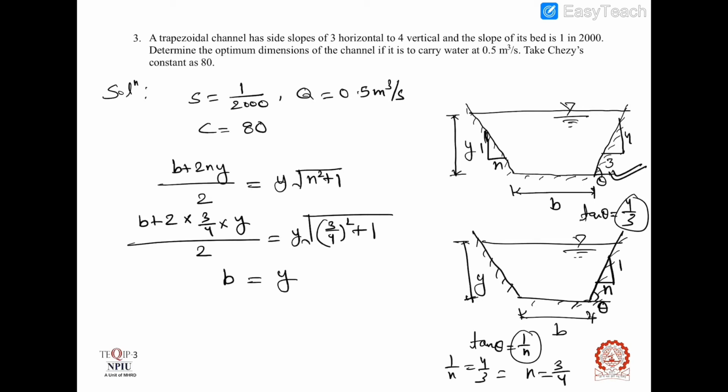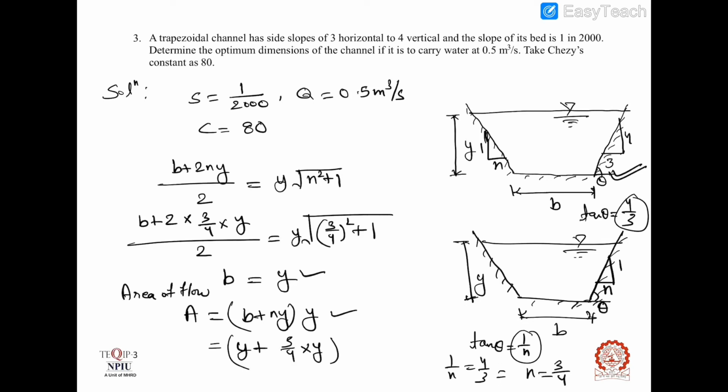That we have seen in previous lecture, the area of flow A is equal to (B plus nY) into Y. So substitute B is equal to Y in this expression: Y plus n, which is 3 by 4, into Y, multiplied by Y. So that will give you 1.75 Y square.